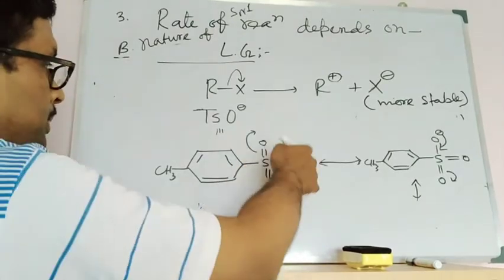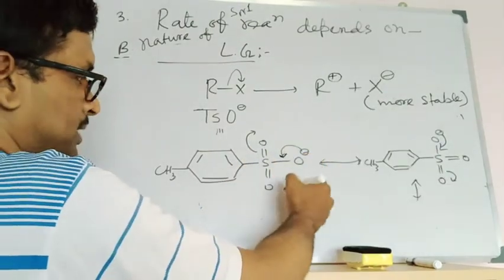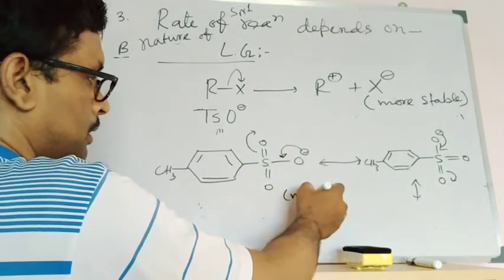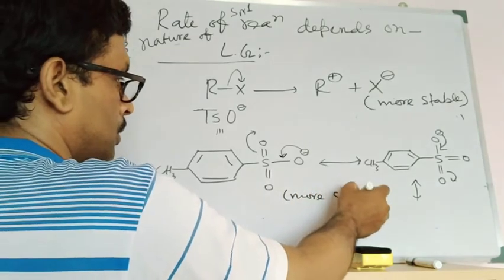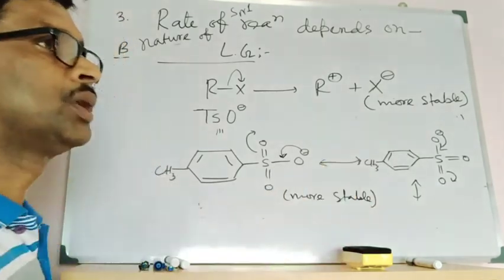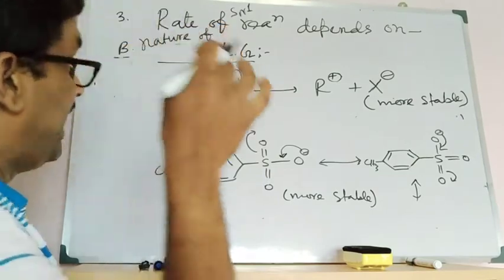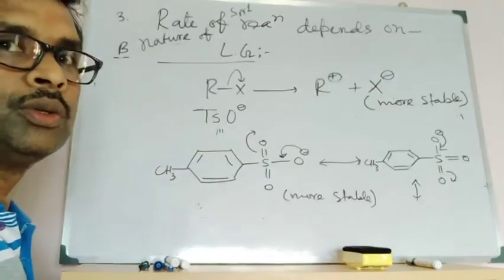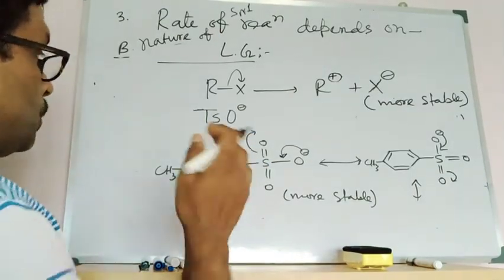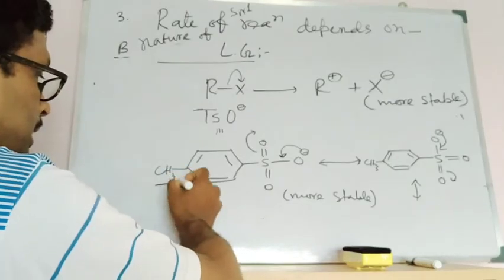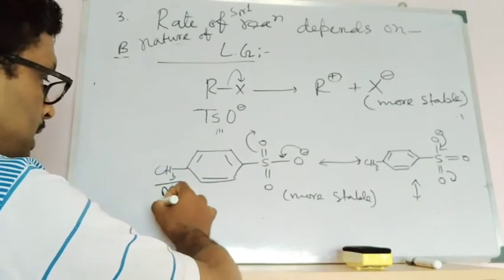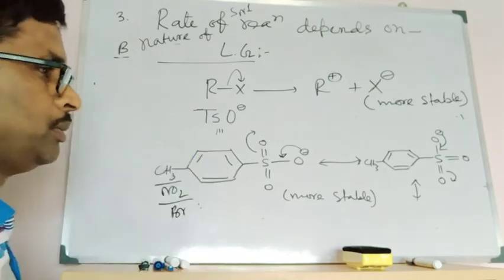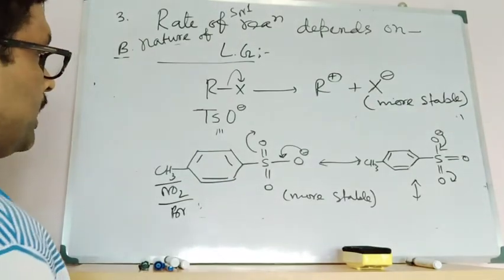That means it can be resonance stabilized, so its energy will be lower and it is more stable. Yes or no? As this one is more stable, it will act as a good leaving group. Now if this one is NO2, then it will be called nosylate. If it is bromine, it will be brosylate. In this way, we can change this one.